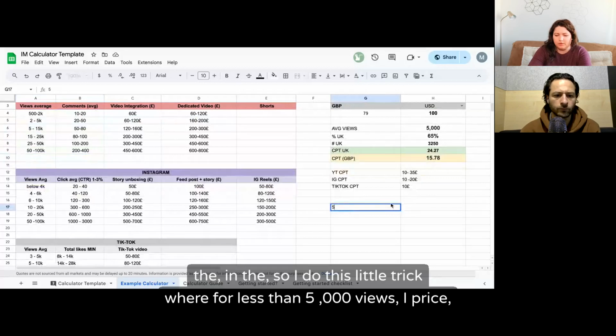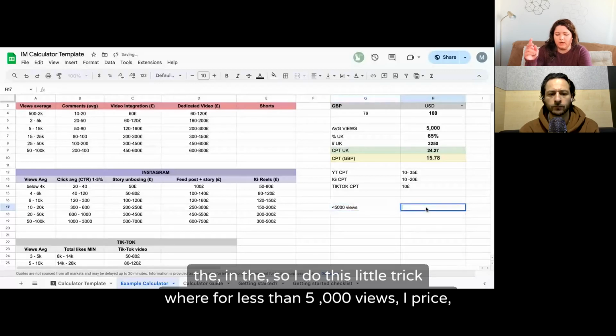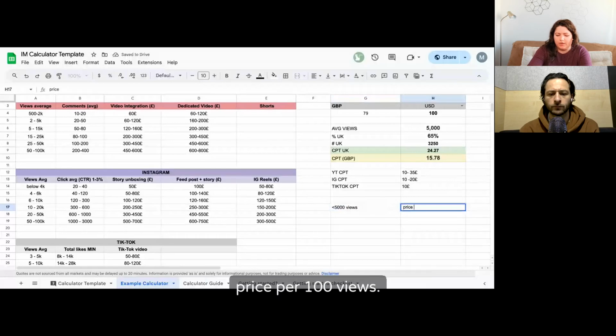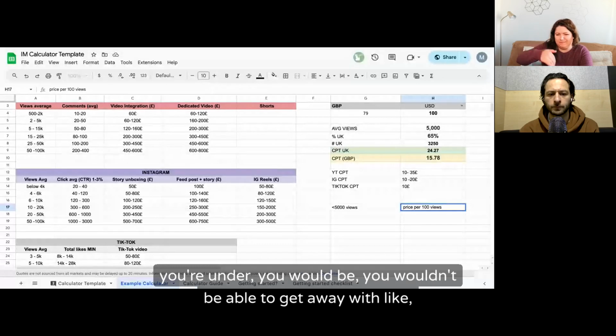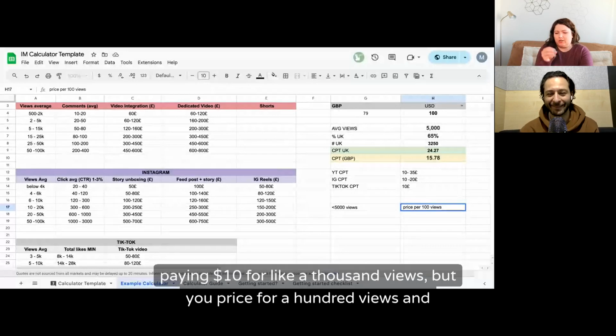So I do this little trick where for less than 5,000 views, I price per 100 views. So you don't technically use a CPM, which is cost per thousand, because obviously you're under. You wouldn't be able to get away with paying $10 for 1,000 views, but you price per 100 views.